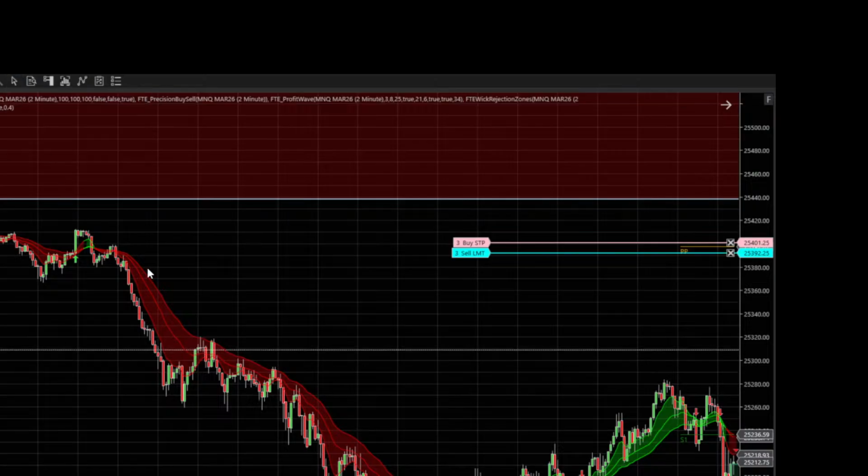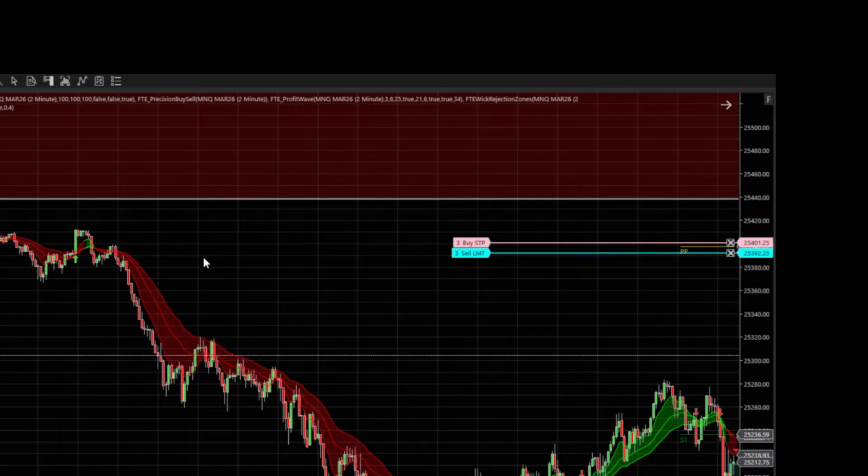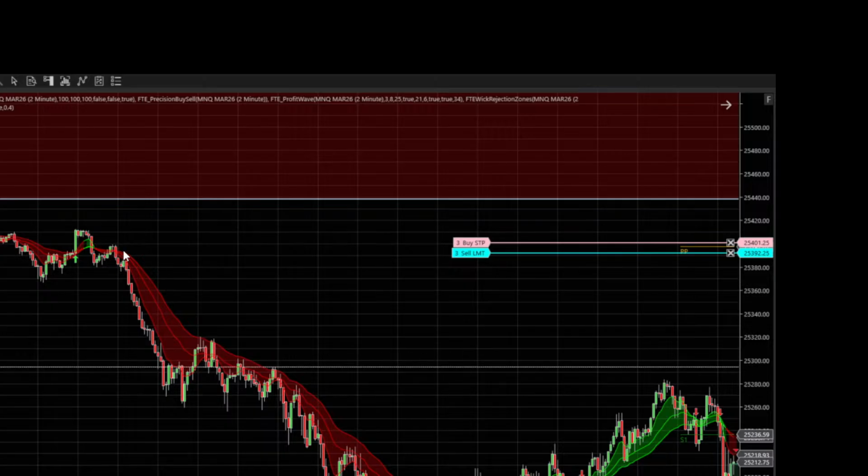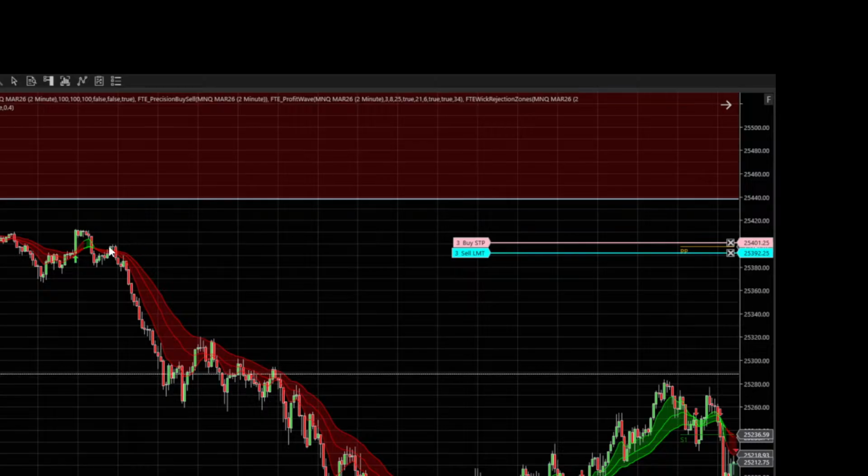Let me get my cursor so y'all see. We're right here in this zone, and that's right in line with that golden pivot. We got us this little green candle here, and then it consolidated, down move, and then a nice down move here. So this is a break of structure where the golden pivot is.